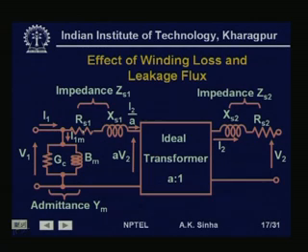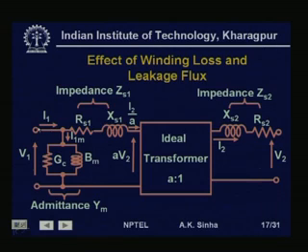Rs1 represents the resistance of the primary winding, XS1 represents the leakage reactance of the primary winding, XS2 the leakage reactance of the secondary winding, and Rs2 is the resistance of the secondary winding. We can generally combine these as impedance Zs1 of the primary winding and impedance Zs2 of the secondary winding, where Zs1 is equal to Rs1 plus jXs1 and Zs2 is Rs2 plus jXs2.